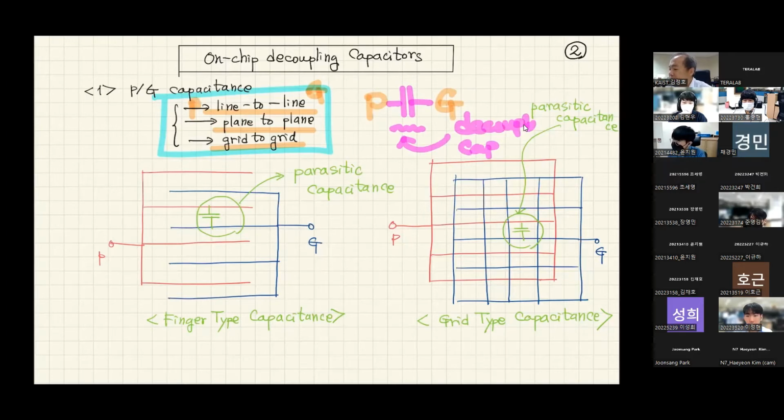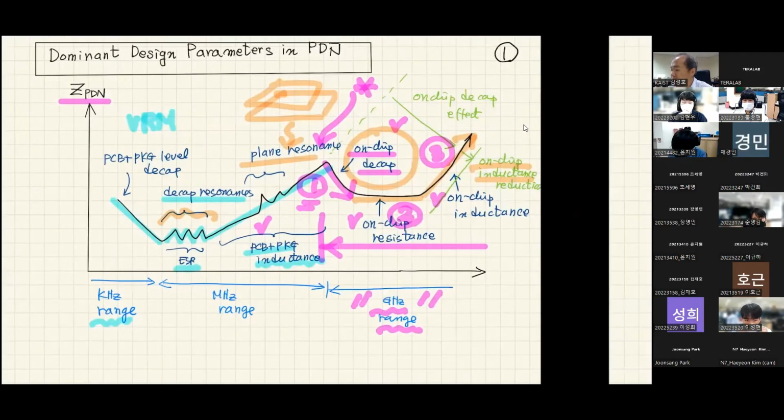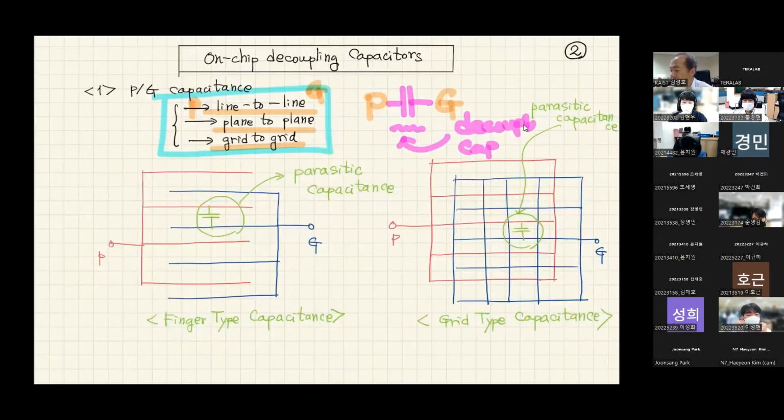You may remember that to bring down this impedance at one frequency range, you have to maximize the capacitance.